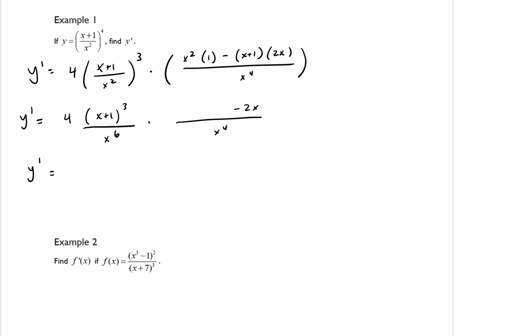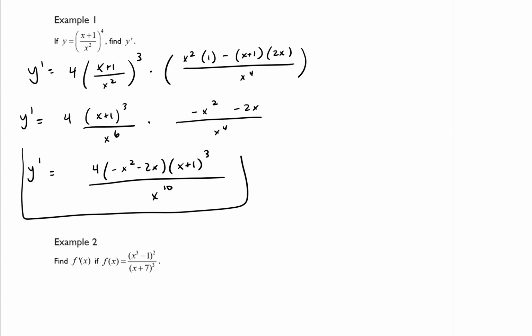So this, if I subtract x squared minus 2x squared, that should become negative x squared. And if we combine all of that, we would get 4 times (negative x squared minus 2x) times (x plus 1) cubed all over x to the 10th power. And there is our derivative.